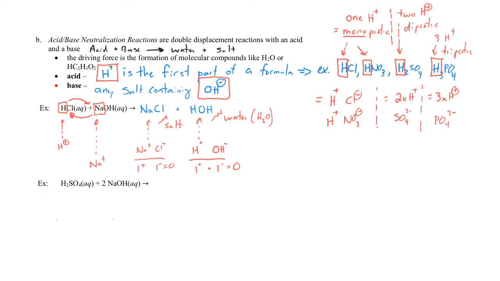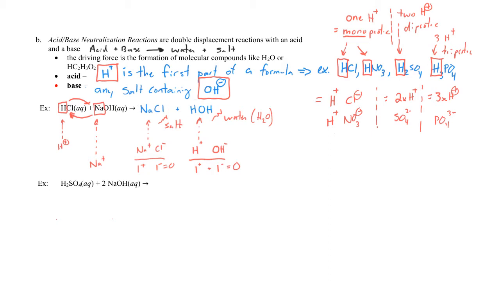Now notice the products that I have in this acid-base reaction. We have water and a salt, just like I showed up above. So this is a good example of a typical acid-base double displacement reaction. We have an acid, HCl, and a base, sodium hydroxide, and then we form water and a salt.